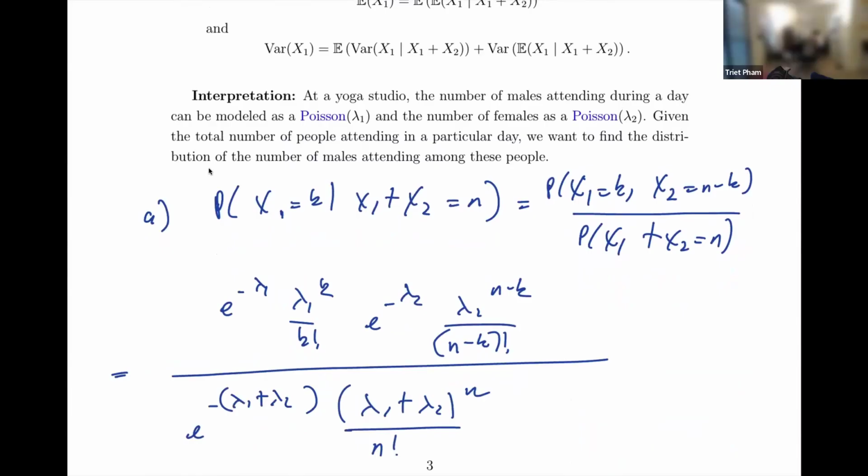Okay. And now comes the simplification part. Again, like I said, in general, probably not much simplification can happen, but in well-recognized cases, things simplify tremendously, right? So here, for example, the exponentials simplify.